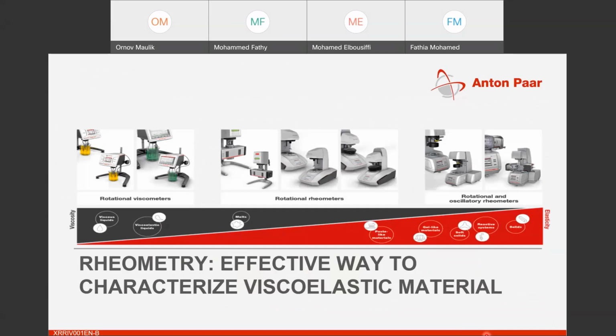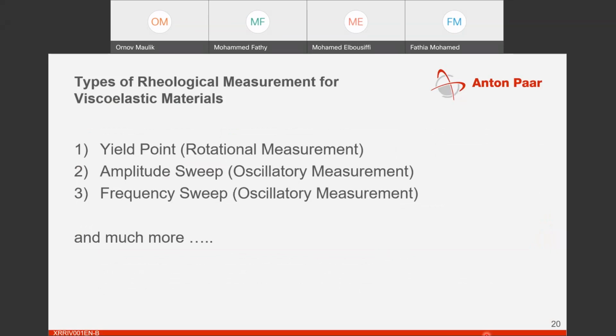Now let us come to the effective ways in which we can characterize a viscoelastic material. Of course, there are n number of experiments and lots of tests to be performed on a material, but I would be emphasizing only three, which are the most important tests or characterization techniques for any particular viscoelastic material.